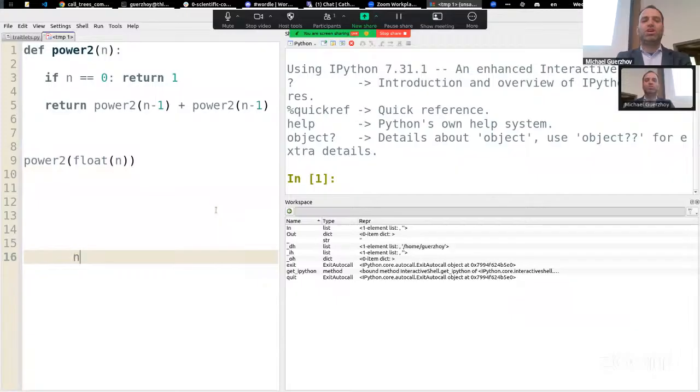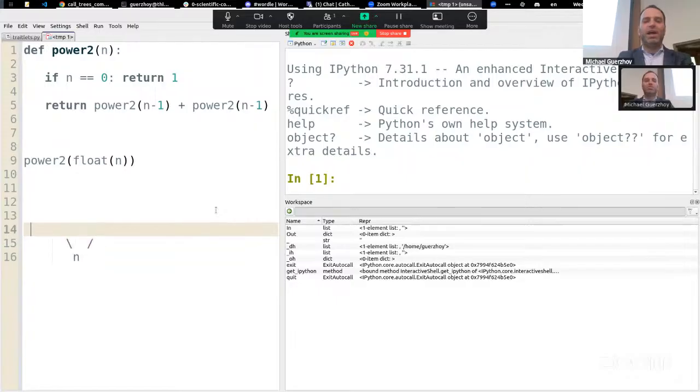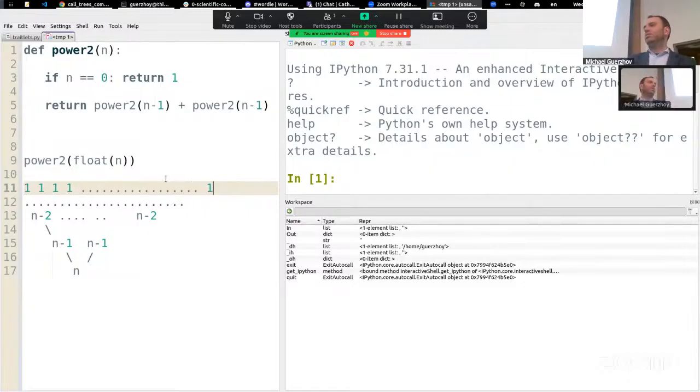Well, you start with n, and then you go from n to n minus 1, and here to n minus 1 as well. And then here you go to n minus 2. And so on, you'll have an n minus 2 here. And then eventually you'll get to 1.